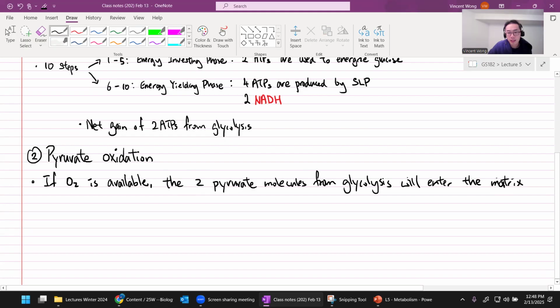Okay? If oxygen is not available or if there's not enough oxygen, then it will do something else, which we can talk about later. But if it's available, it will go to the matrix and then it will do pyruvate oxidation. Okay, so 3 reactions occur.